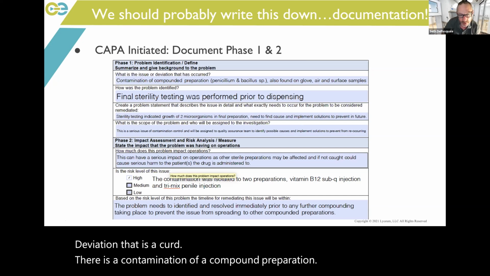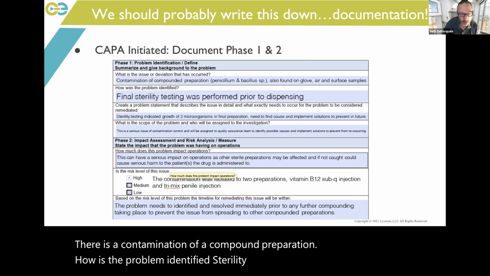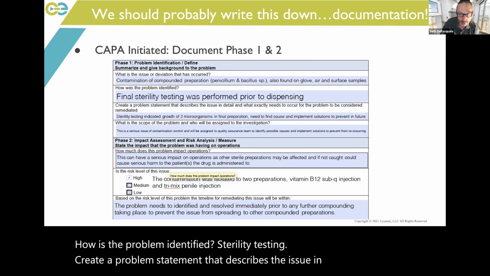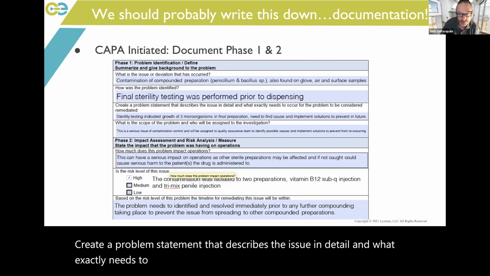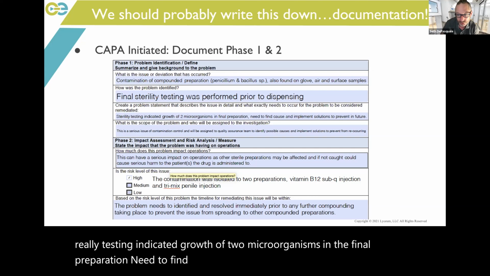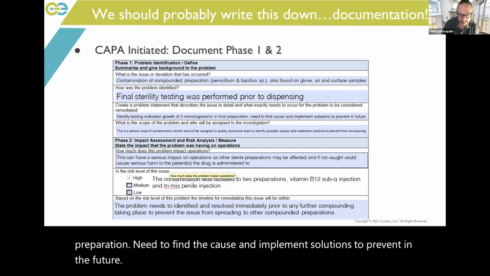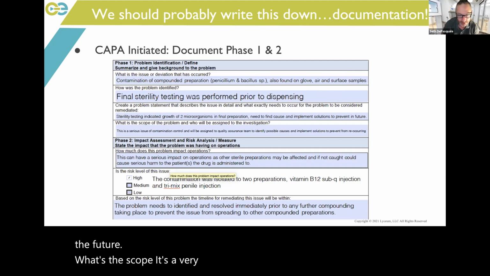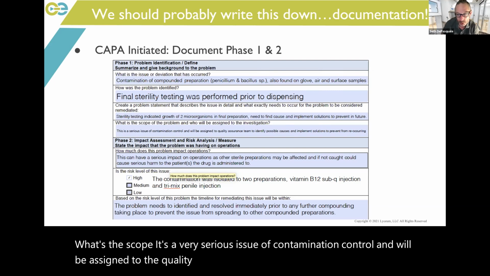How is the problem identified? Sterility testing. Create a problem statement that describes the issue in detail and what exactly needs to occur for the problem to be considered remediated. Sterility testing indicated growth of 2 microorganisms in the final preparation. You need to find the cause and implement solutions to prevent it in the future. What's the scope? It's a very serious issue of contamination control, and will be assigned to the quality assurance team to identify possible causes and implement solutions to prevent reoccurrence.